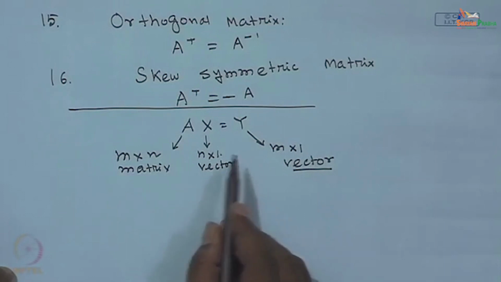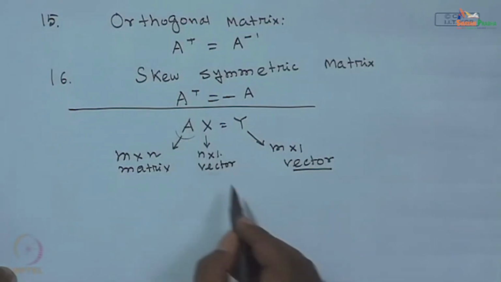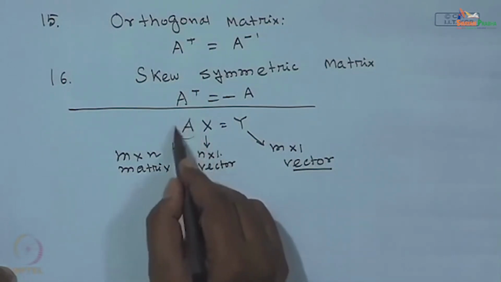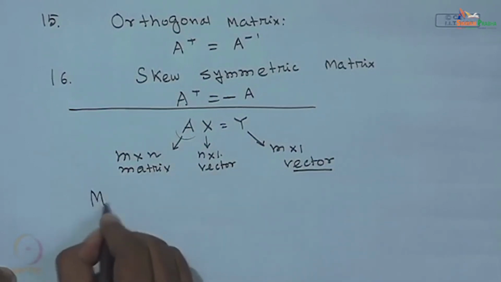So, it no longer remains a matrix; it becomes a special form of matrix known as a vector. So, what is A? It is like y is equal to f of x. So, A is an operator; a matrix is an operator.